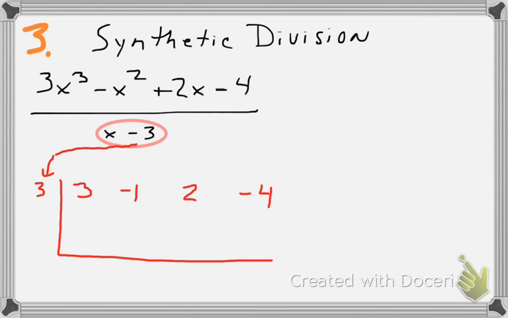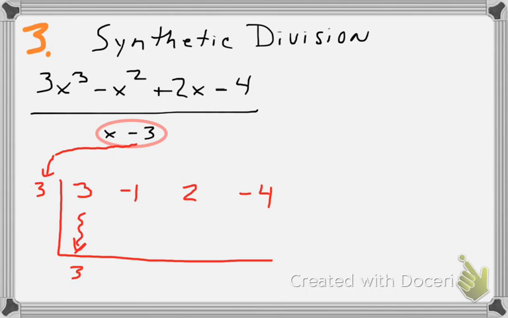The first thing you do is you drop that 3 straight down. Our answer is going to occur at the bottom of that division sign. So we're writing our answer right now. We drop that 3 straight down. And now here comes our process that we repeat over and over to generate our answer.